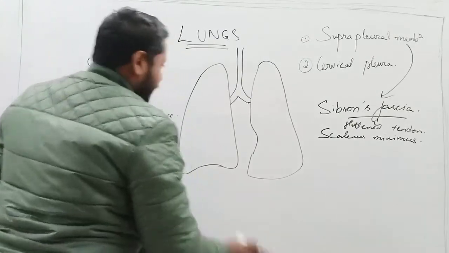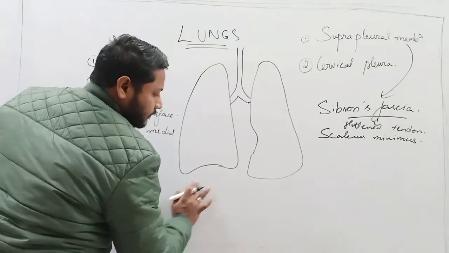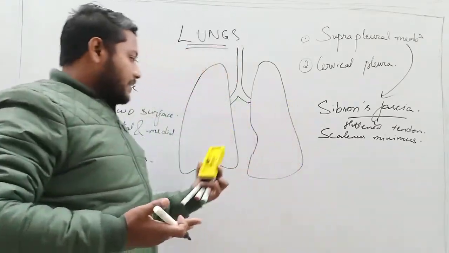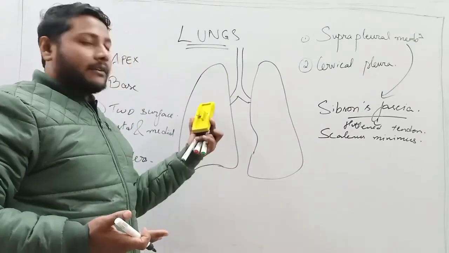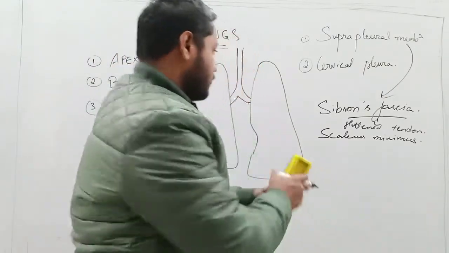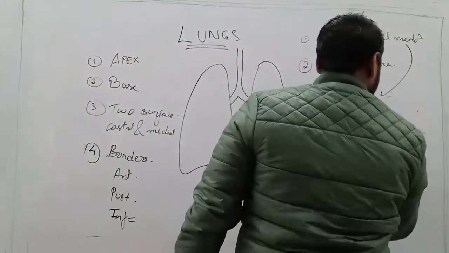Clear? Next, we have the base. The base rests on the diaphragm. So the base is actually separating the right lung from the right lobe of the liver. Now, if I draw a simple diagram, let me draw it over here.